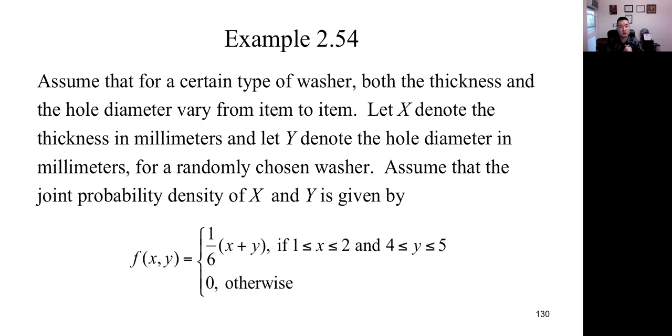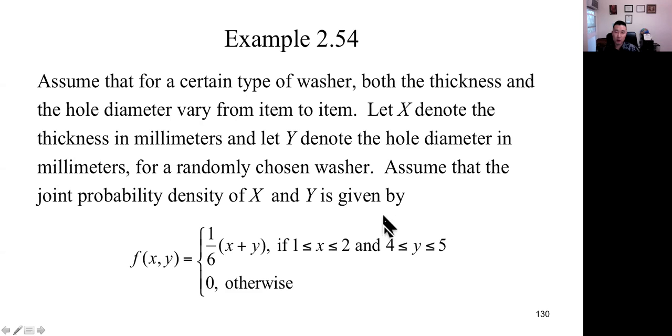So for this example, assume that for a certain type of washer, both the thickness and the diameter of the hole vary from item to item. x is the thickness in millimeters, and y is the diameter of the hole, also in millimeters.